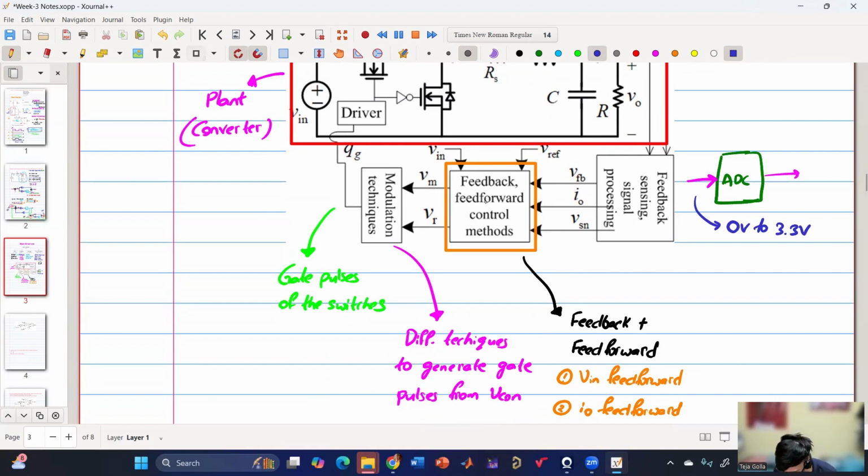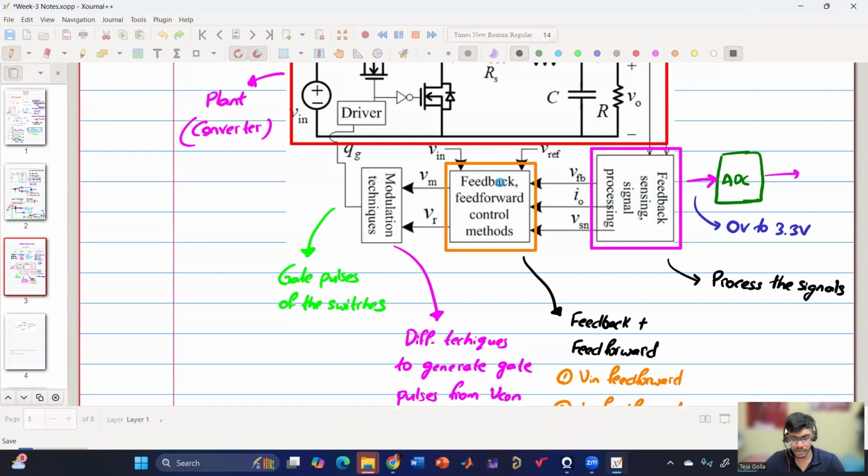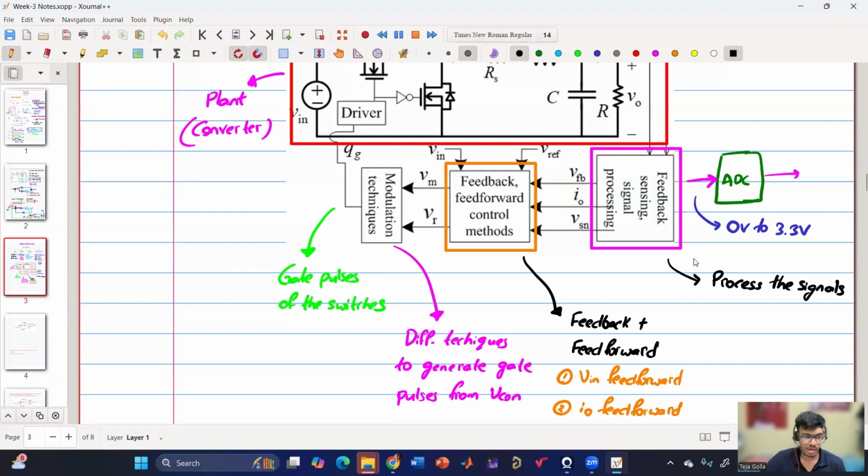So that's why this is very much needed. This will process the signals, whether it could be stepping down from higher voltage or converting from analog to digital, so that the signal can be fed back to the controller, or it can be filtering also.